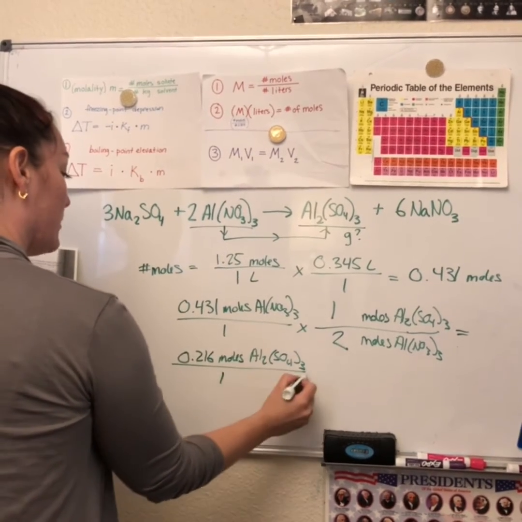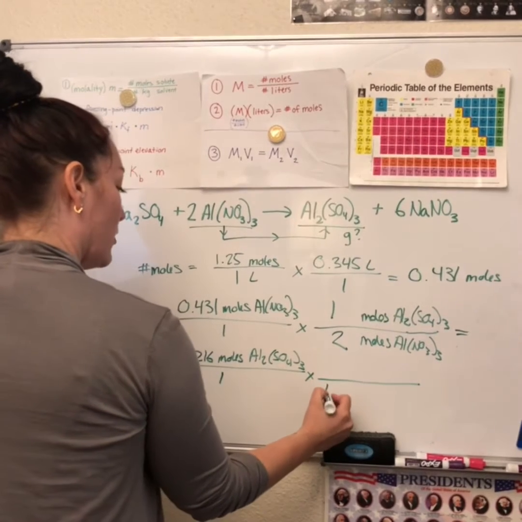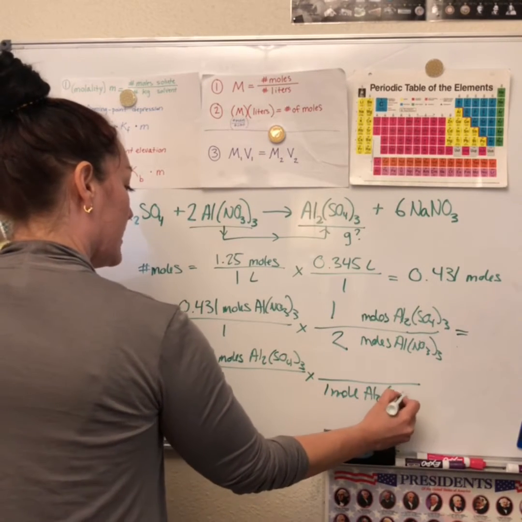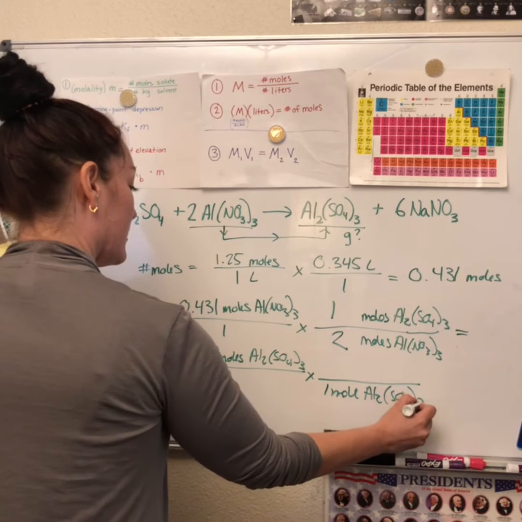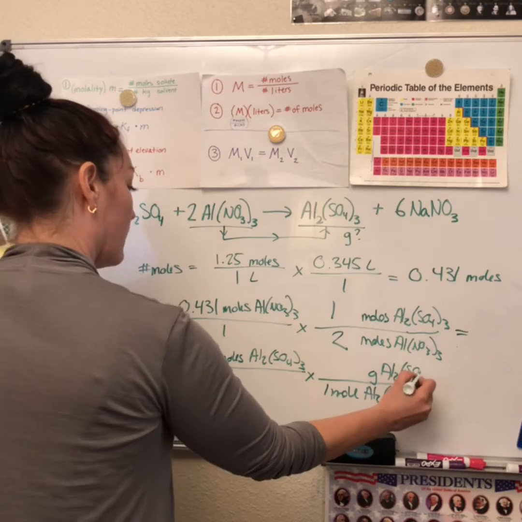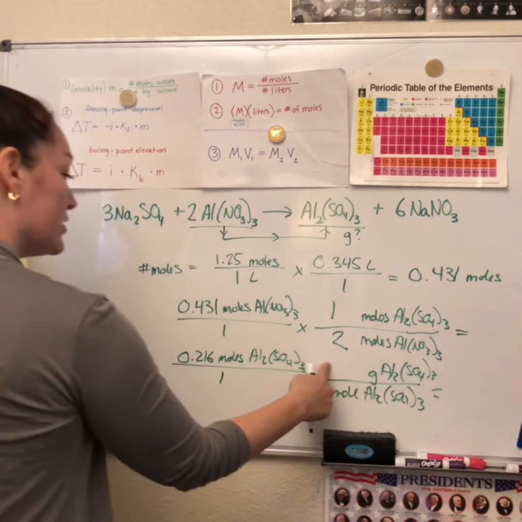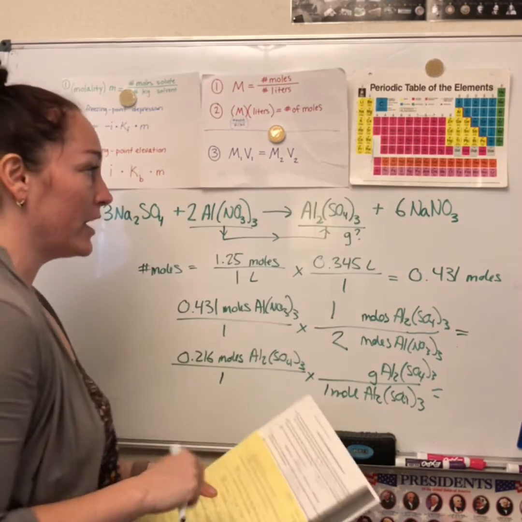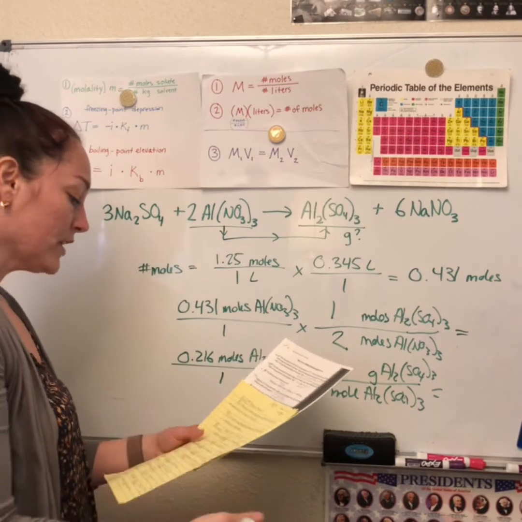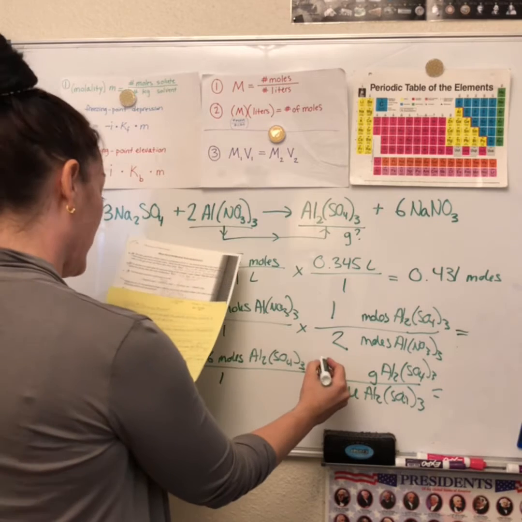So now all I have to do is go from moles to grams, okay? So I'm going to put this over 1. I know 1 mole of this is going to be equal to grams of this as well, Al2SO4, 3. So all I need to do is figure out my grams here. So I'm going to take my periodic table and I'm going to figure out how many AMUs are for each one. I'm not going to do that right now. I'm just going to plug my number in because I already figured it out.